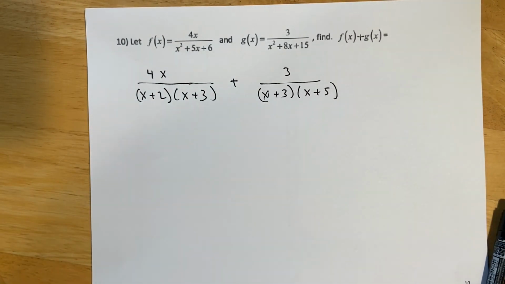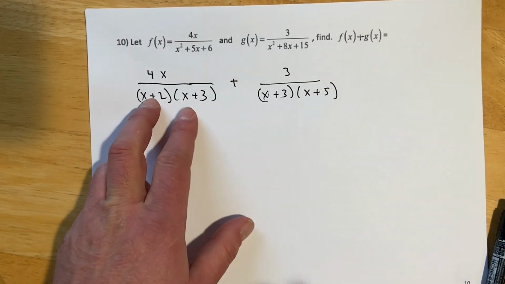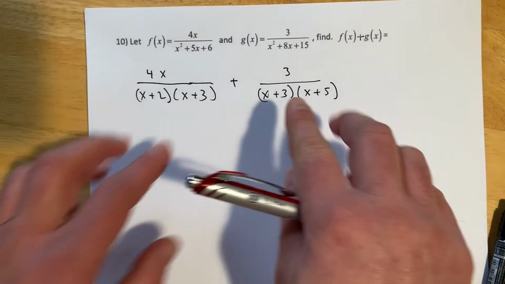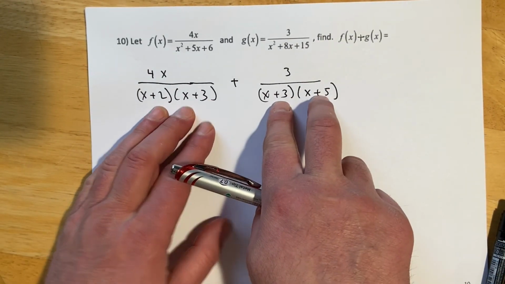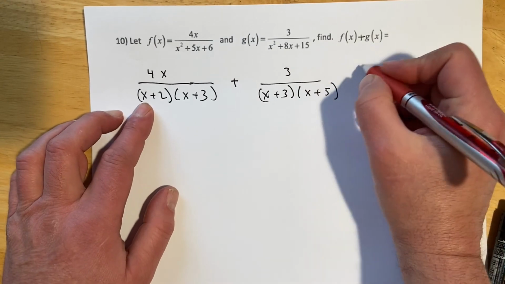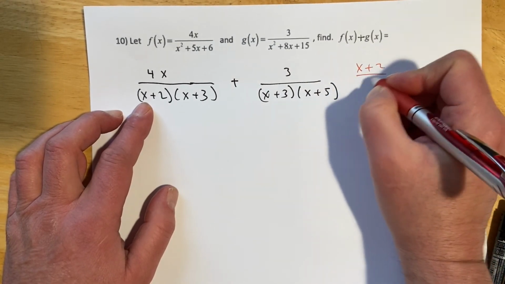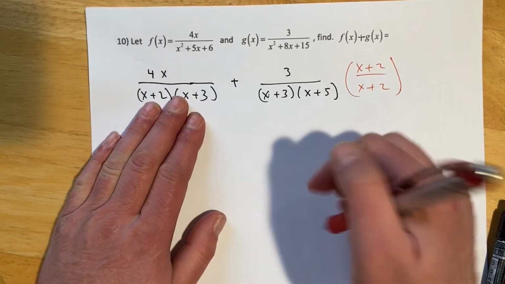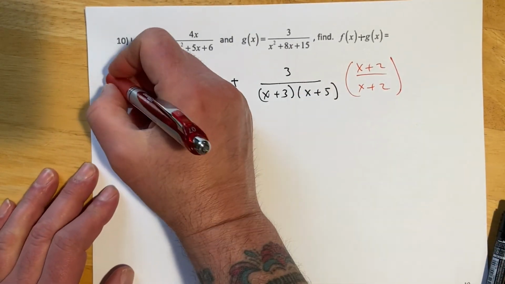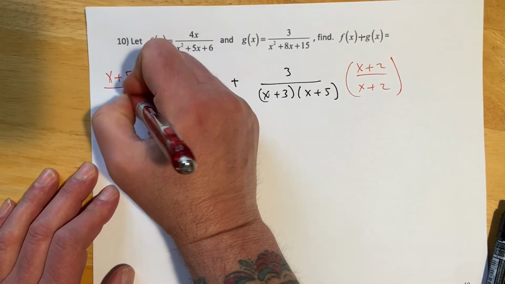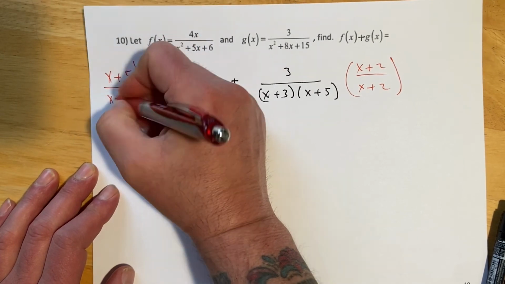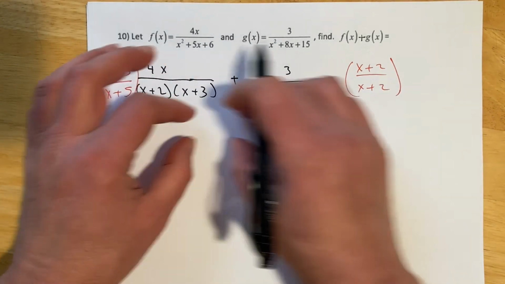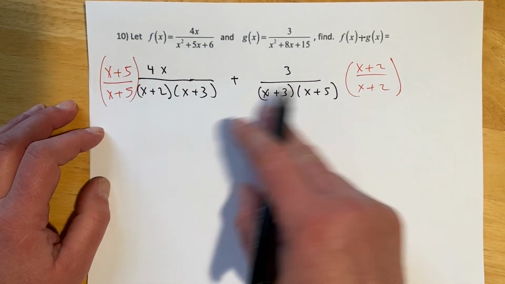So looking at these denominators, this one has x plus 2, x plus 3, this one has x plus 3, x plus 5. So we need to make these the same. That means this one needs this x plus 2, so we'll do x plus 2 over x plus 2 here. And then this one would need an x plus 5.